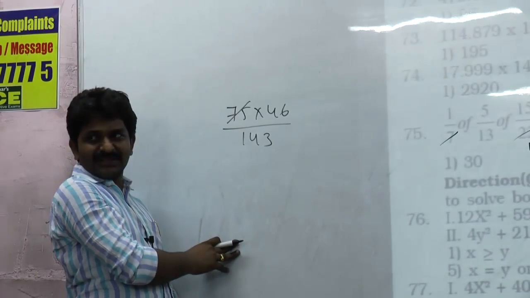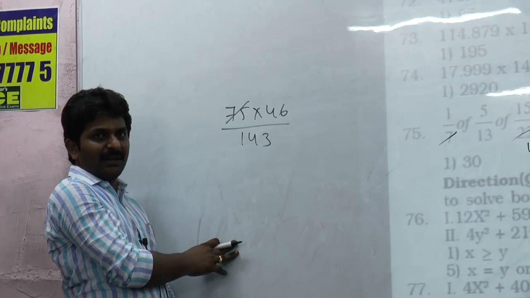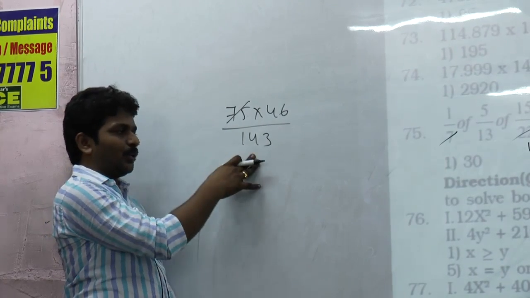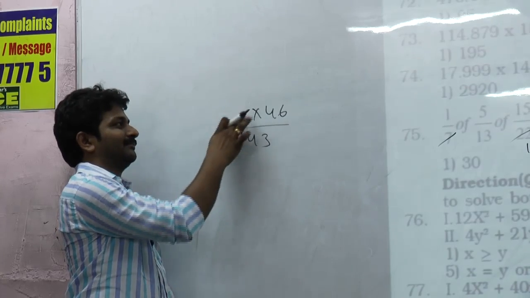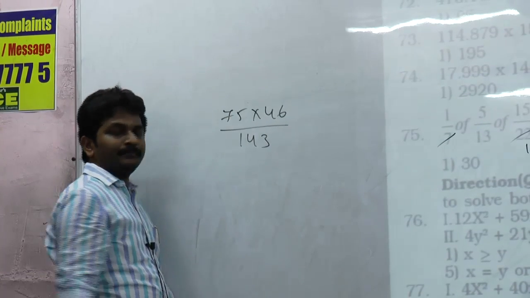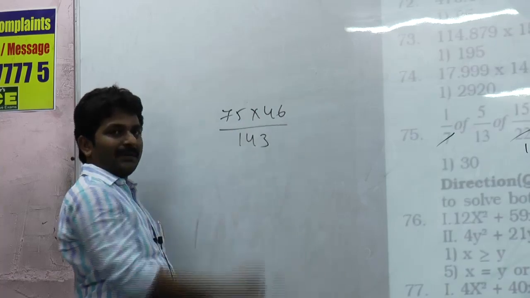Cancellation, I am trying to verify it. Yeah, cancellation with 75. 2 times will be 150. No, not so badly. 75 times of this number.